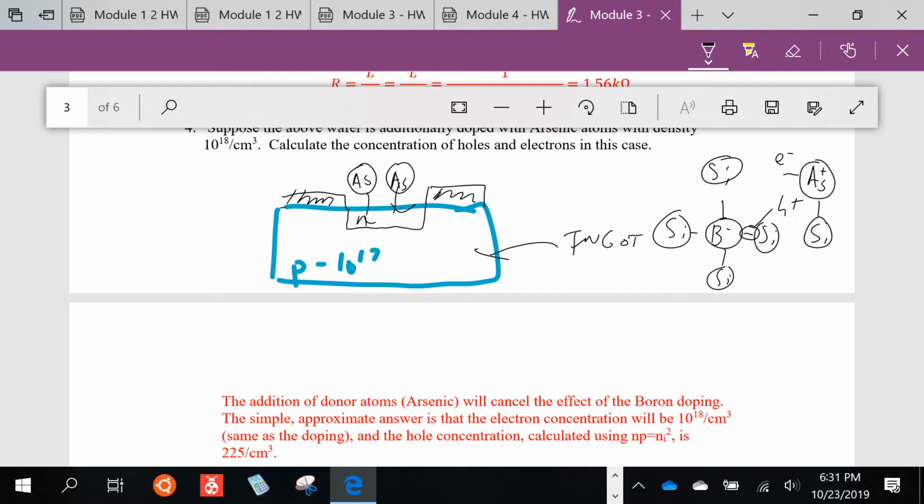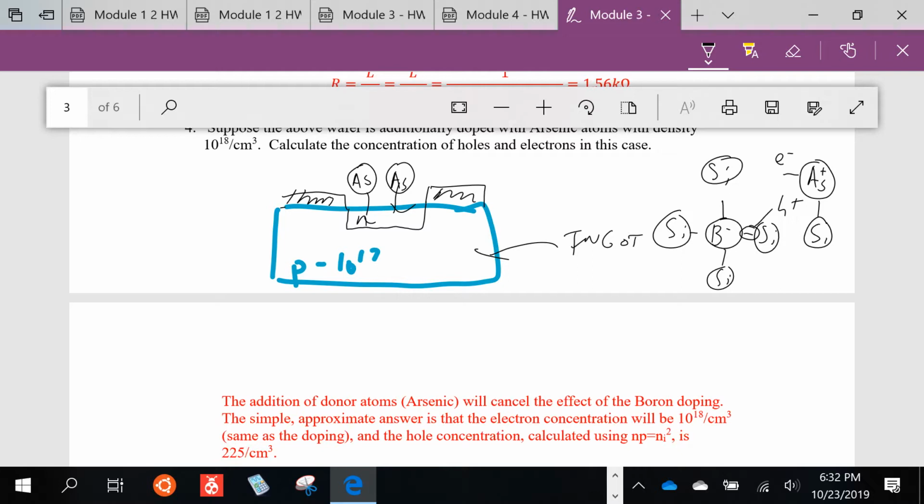Let's say you doped at 10 to the 17th boron, so it's p-type, but then you added 10 to the 17th arsenic. What's going to happen? Recombination. The extra electrons will find the holes, and you'll basically cancel out the two effects, or you'll end up with a material that has intrinsic-like properties.